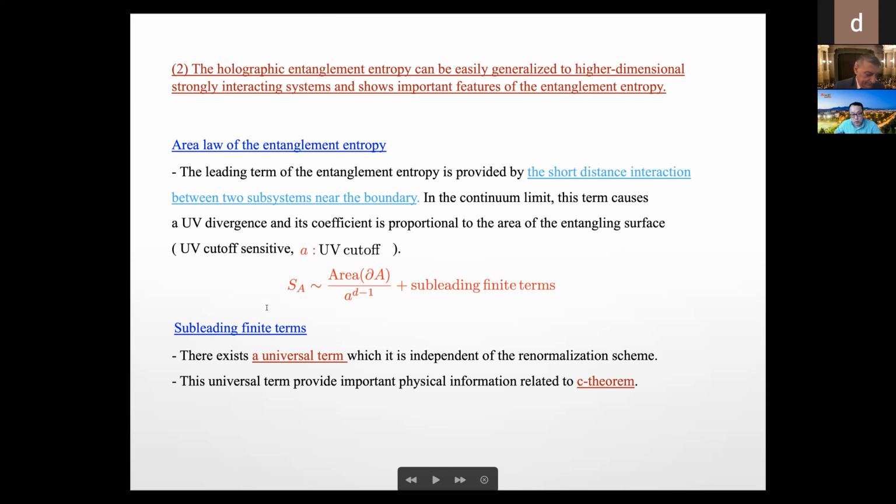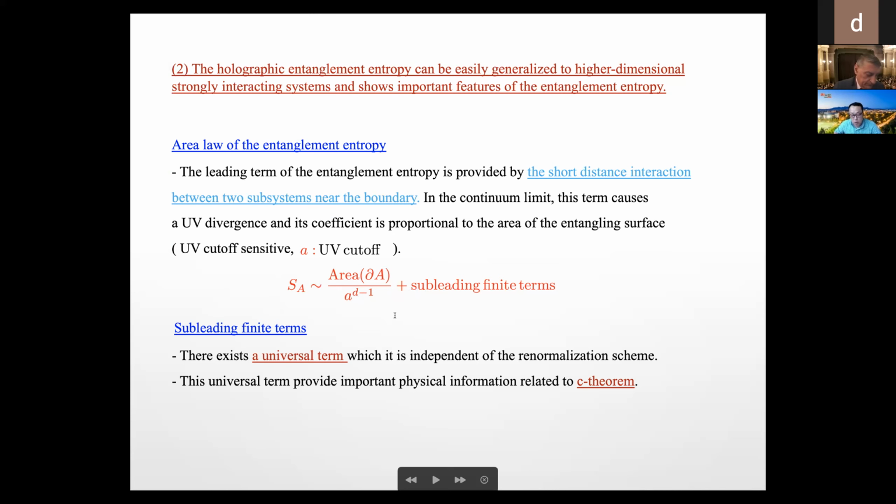Entanglement entropy has many terms, but the leading term is usually proportional to the area of the entangling surface. This is because of the short-distance correlation. There are also some subleading finite terms. Due to the existence of the UV cutoff, we need some renormalization of this entanglement entropy, so it usually depends on the renormalization scheme.